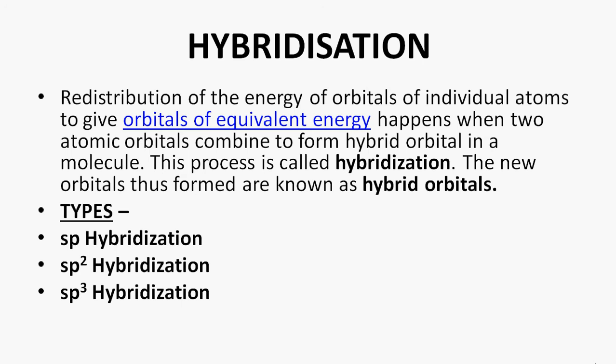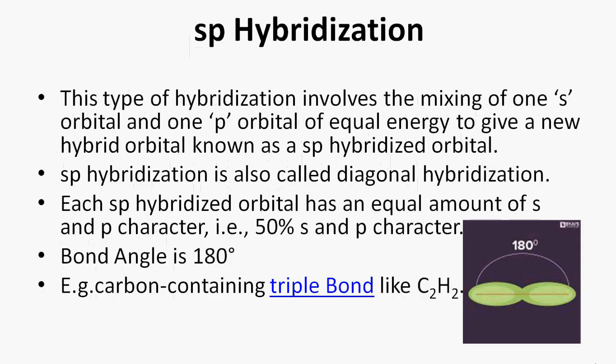The hybrid orbitals are more stable in a molecule and are at a lesser energy than the individual orbitals. The types we are going to study are sp hybridization, sp2 hybridization and sp3 hybridization.